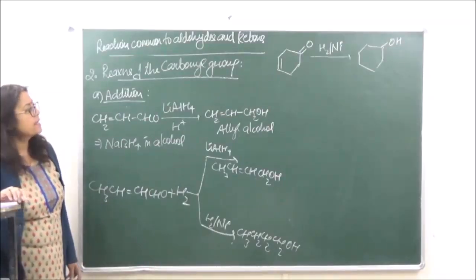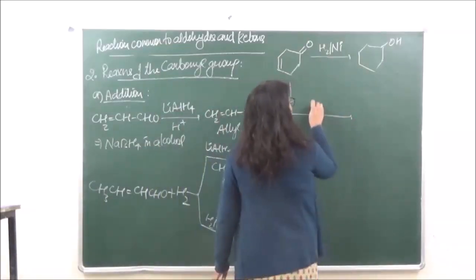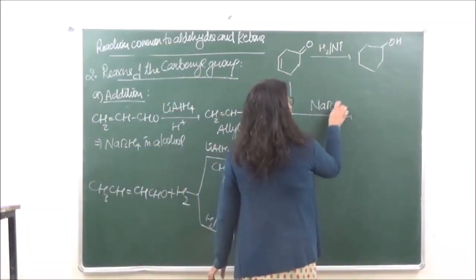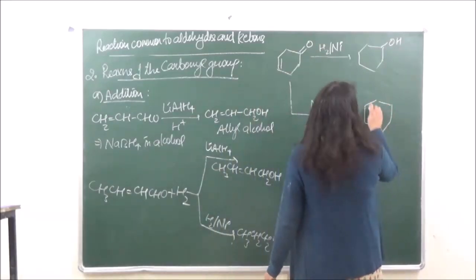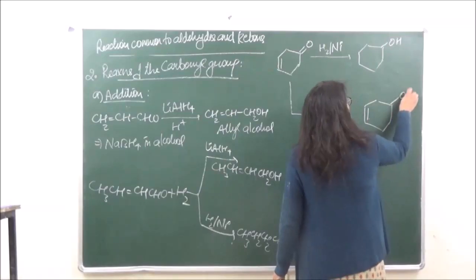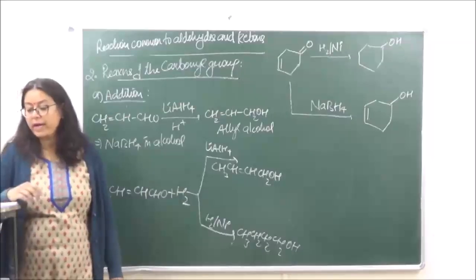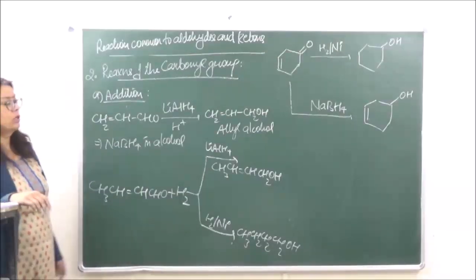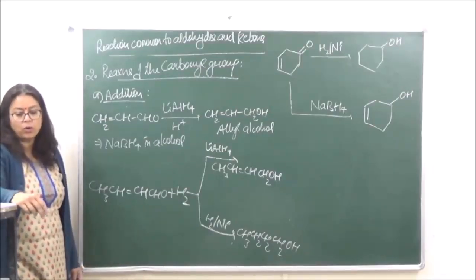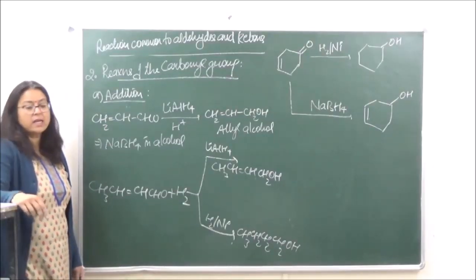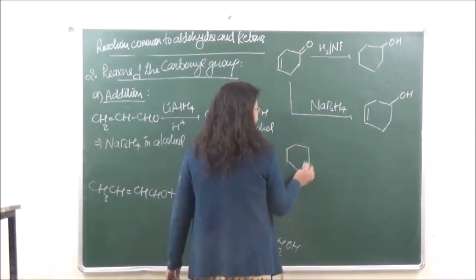And if you are doing the same reaction with sodium borohydride, the double bond will remain unaffected, giving us cyclohex-3-ene-1-ol.